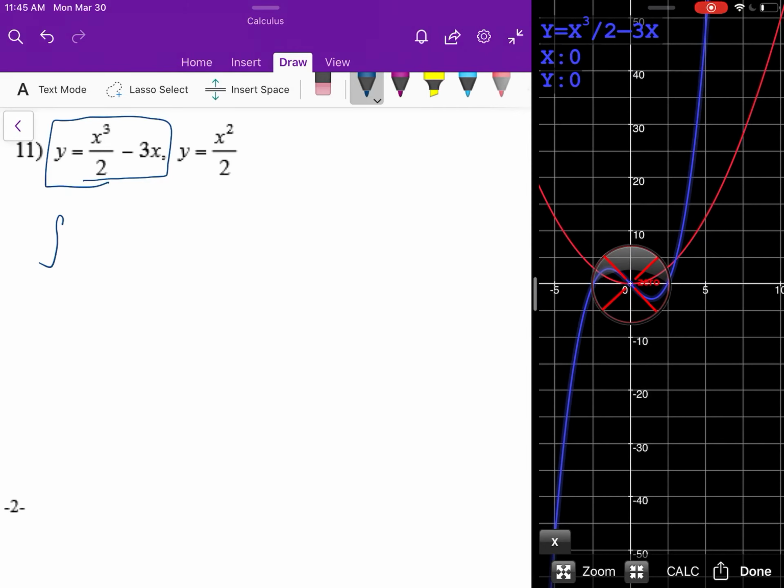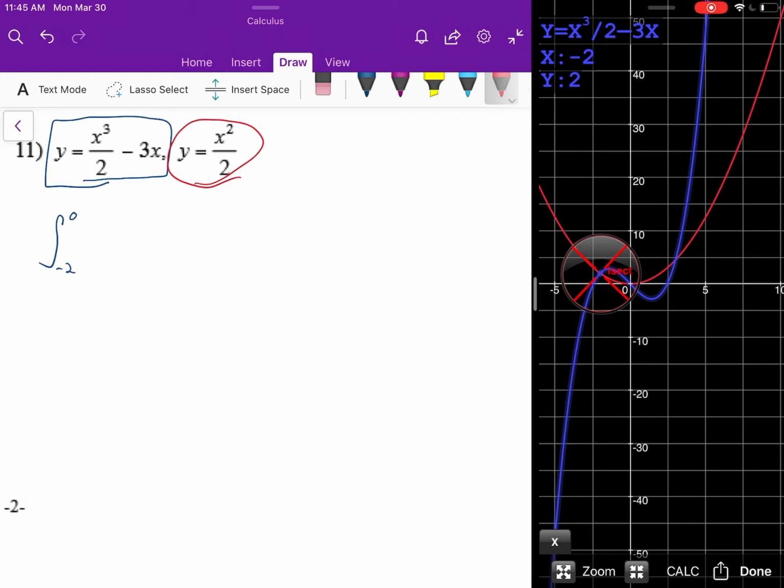We have -2, 0, and 3. And so in this first part, from -2 to 0, we have to think which function is higher. From -2 to 0, the blue function is higher. So we're going to integrate the blue function.